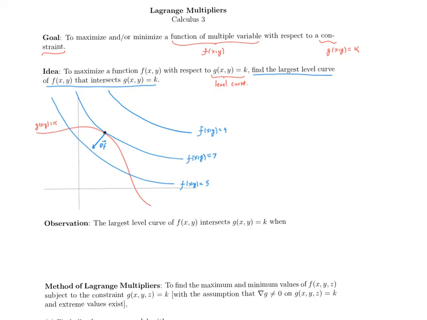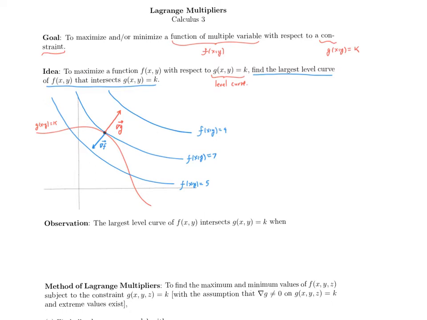And furthermore, note that this point also lies on the red level curve, which means the gradient vector to the g function would be perpendicular to the red level curve at that point. And note, the only way this happens is when the gradients at this point are scalar multiples of each other. That is, they point in the same direction or they point in opposite directions.